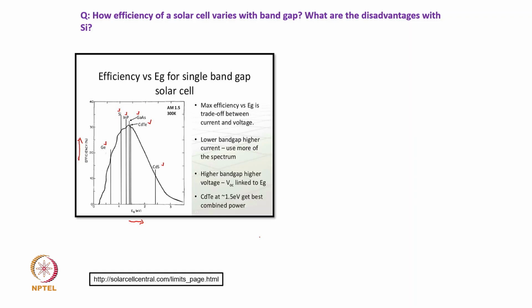CDS is the highest band gap, as shown here.